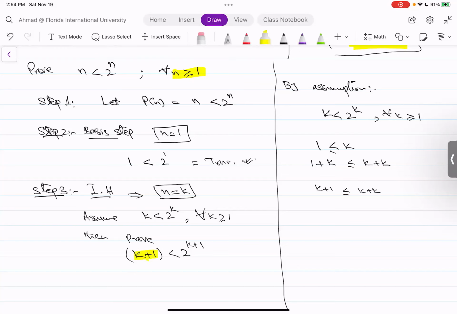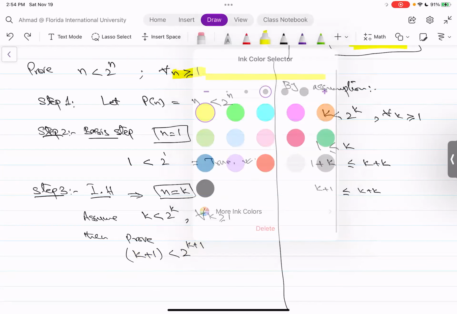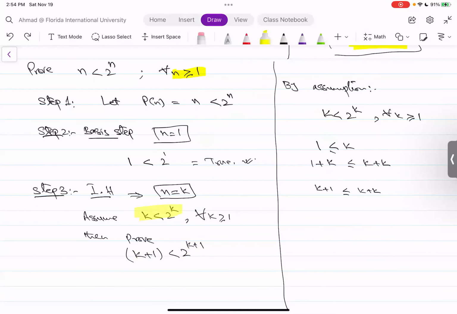Now we have to make the other side 2 to the power of k plus 1. So we reached k plus 1, and now we reach the second side, which is 2 to the power of k plus 1. One thing we should note here is that we already have another assumption, which is k is smaller than 2 to the power of k. So this is my assumption.